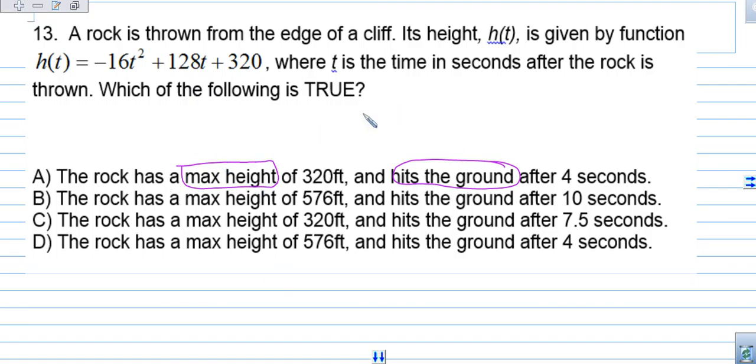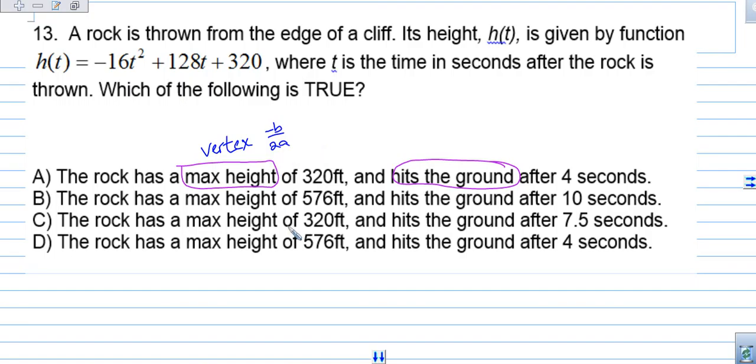When you talk about max height, it happens at the vertex. So when you're looking for the vertex, you need to think negative b over 2a. This will give you the time at which this happens, and then you can plug that in and find the actual height.